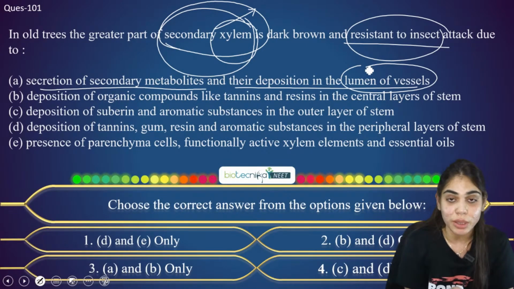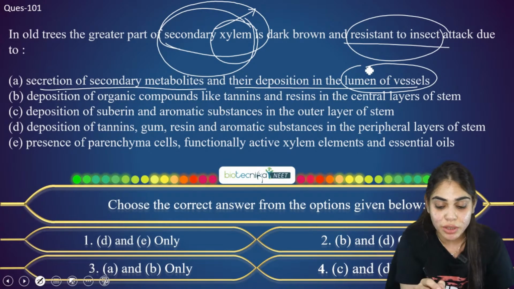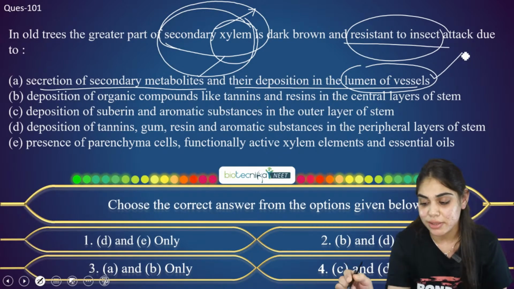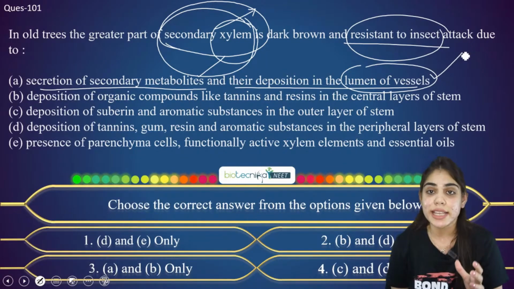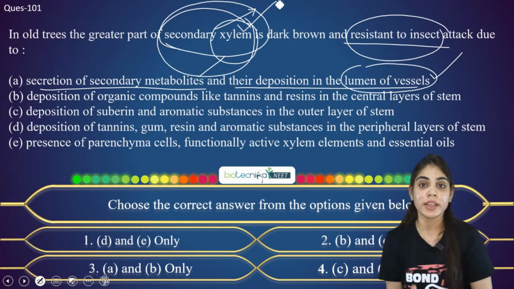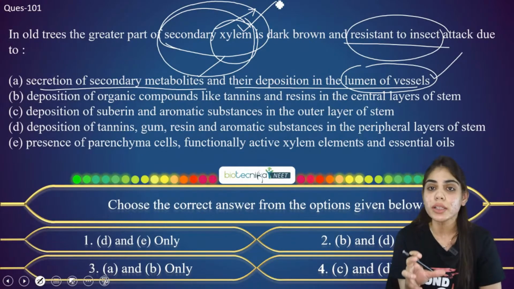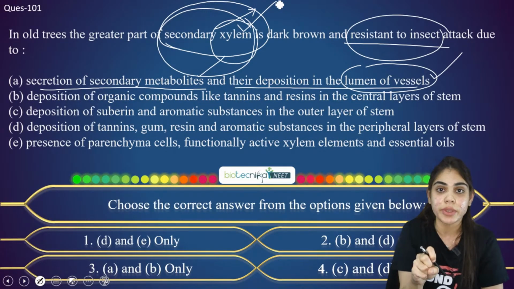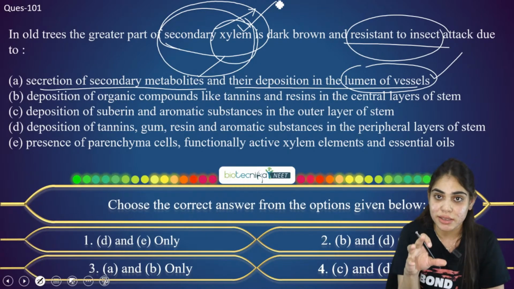Now let's come to option A: it is a secretion of secondary metabolite and the deposition in the lumen of vessels. Yes. We all know that xylem has tracheids, vessels, xylem parenchyma and xylem fiber. In the question, secondary growth is taking place in xylem, so the accumulation of all the organic substances takes place in a subpart of xylem.